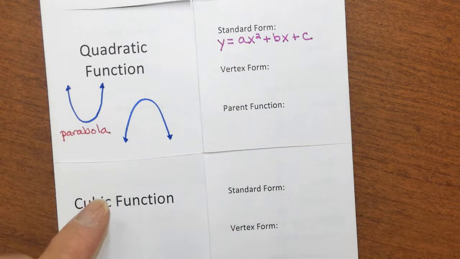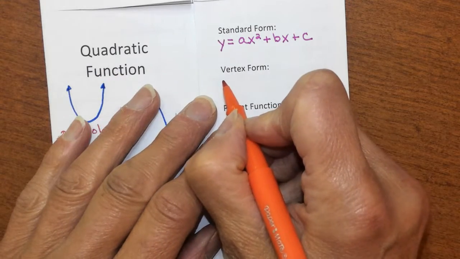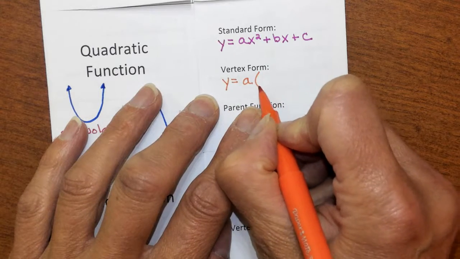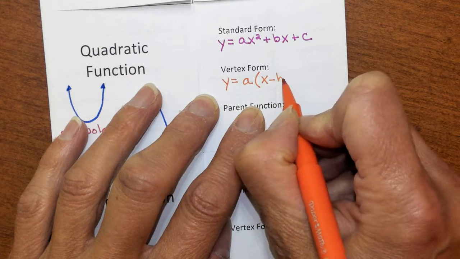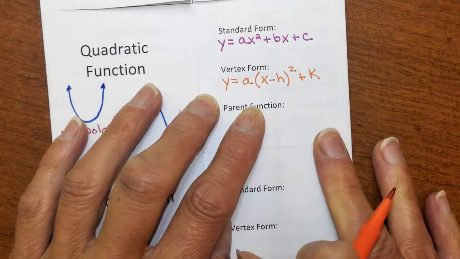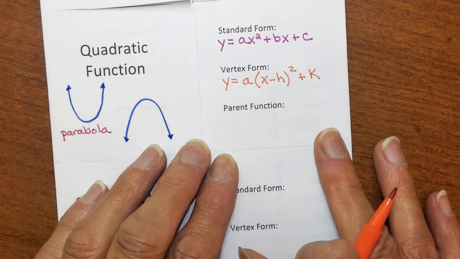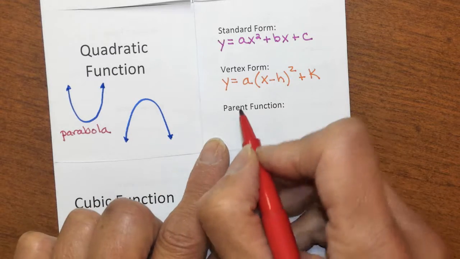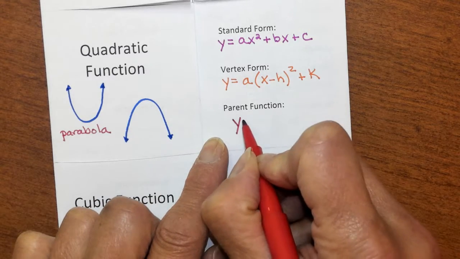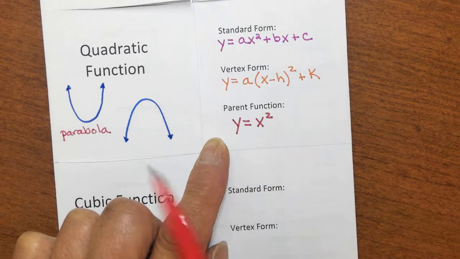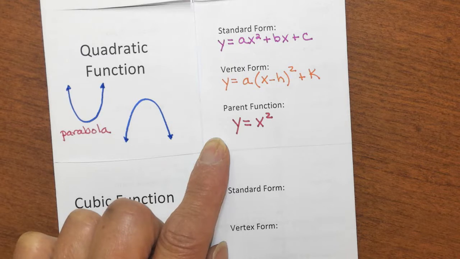Vertex form would be y equals a times x minus h squared plus k. And we'll be talking more about that form later on. And then our parent function is the bare minimum of what we need, which would be y equals x squared. That's the bare minimum you need to draw a quadratic.